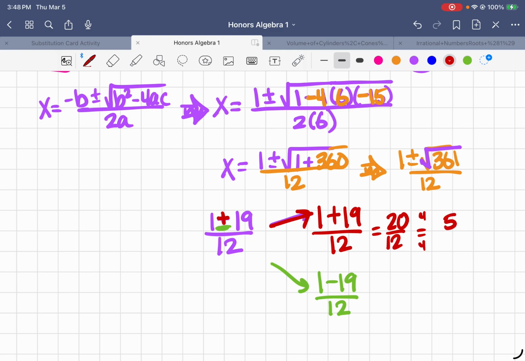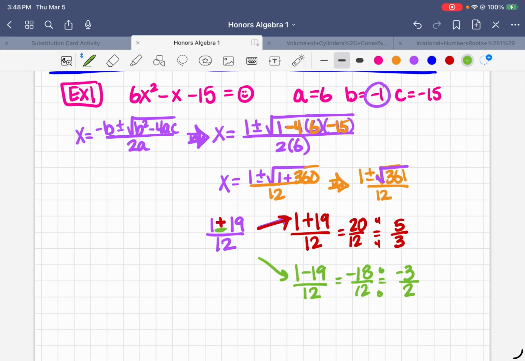So it's going to be 5/3. And then this one is -18 over 12. And 6 goes into both of those. So this is going to be -3/2. So my 2 solutions for x are 5/3 and -3/2.